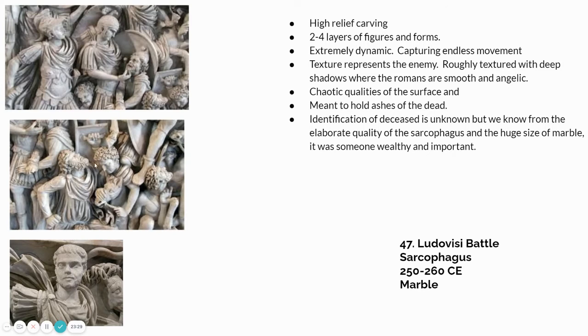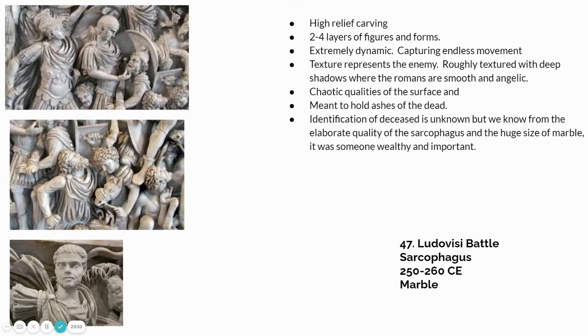So if we take a close look here, we have in the foreground the arm of this figure, and then beneath him we have the horse, and then behind that you have the figure of a barbarian. Behind the torso of the barbarian, you have his left arm and his shield.